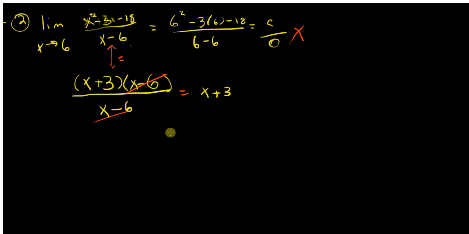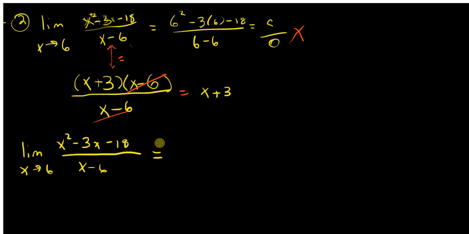So this big funky thing, the limit as x approaches 6 of x squared minus 3x minus 18 all over x minus 6, is the same thing as the limit as x approaches 6 of x plus 3. There's no difference, so don't get scared.